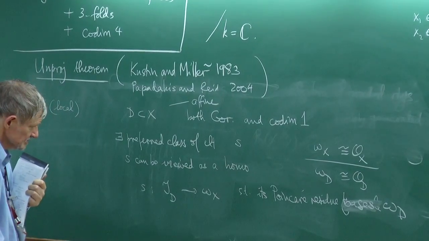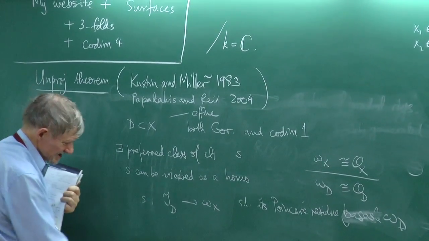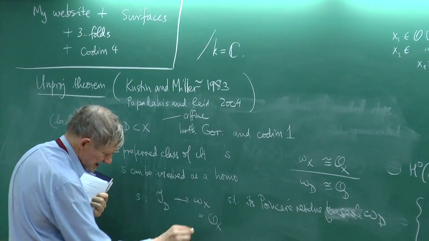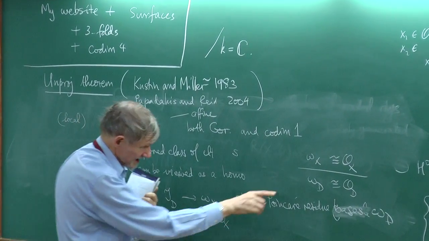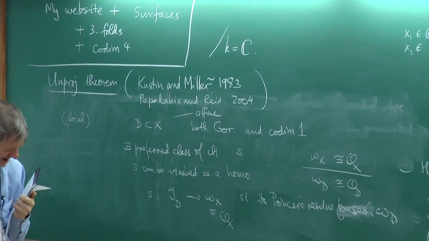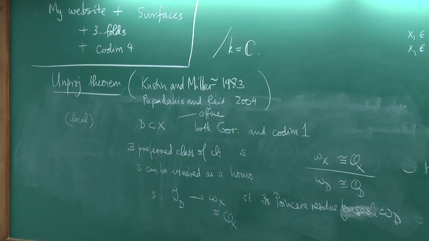So this thing here is isomorphic to OX. At some point I have to choose an isomorphism. That's like choosing an orientation on an orientable manifold.